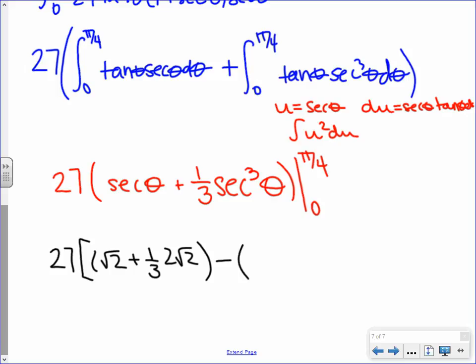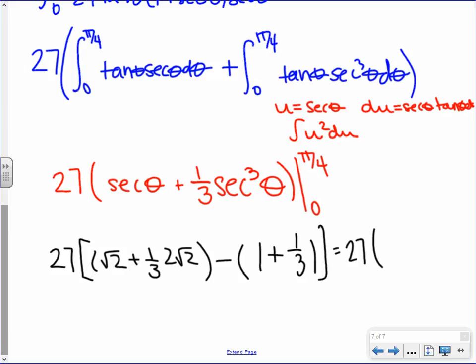What's the secant of 0? So we have 1 plus. Why isn't secant of pi over 4 equal to 2 divided by the square root of 2?